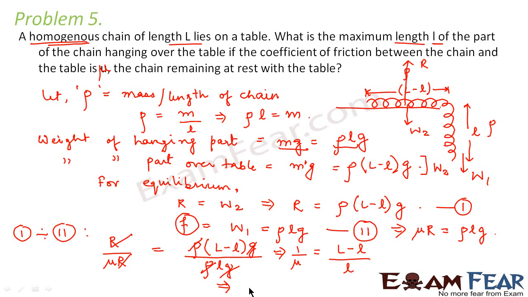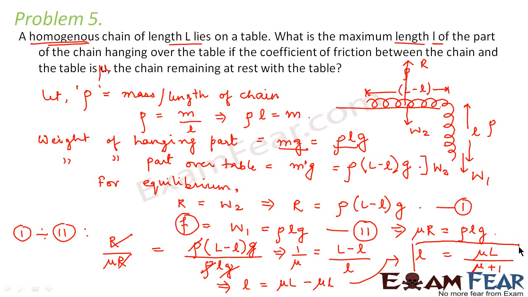From this, mu L is equal to L minus l... which comes out to be small l is equal to mu L divided by mu plus 1.